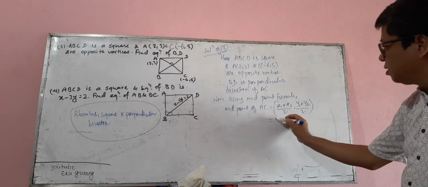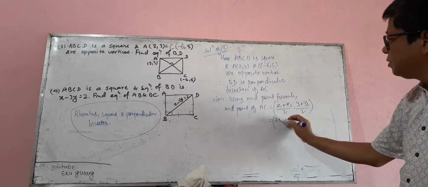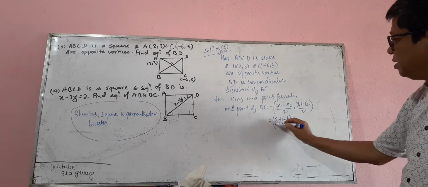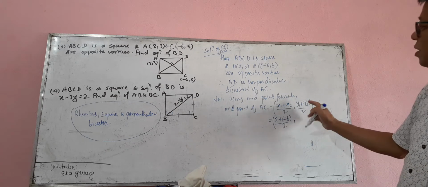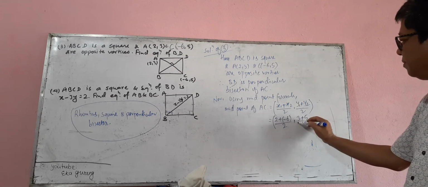So the x coordinate of A is 2 and the x coordinate of C is -6, divided by 2. The y coordinate of A is 3, the y coordinate of C is 5, divided by 2.